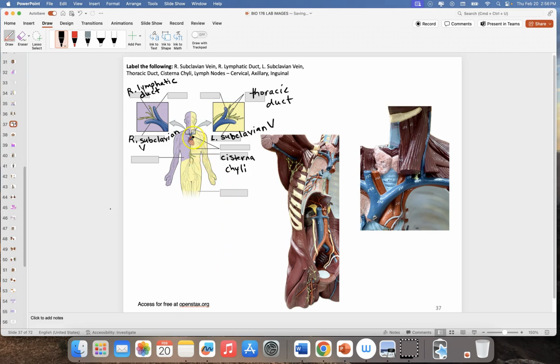And then we can also see, I know it's a little bit small, that's why it's a little easier up here, but we can also see the thoracic duct there as well.